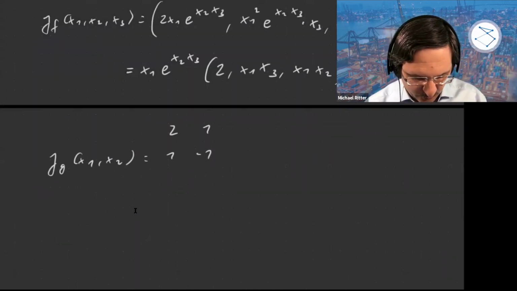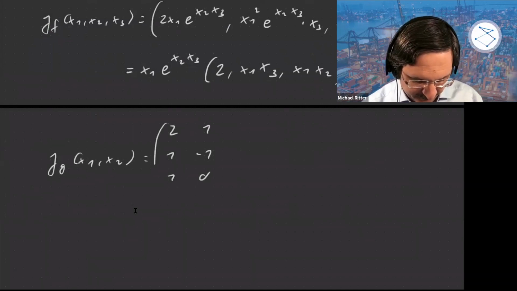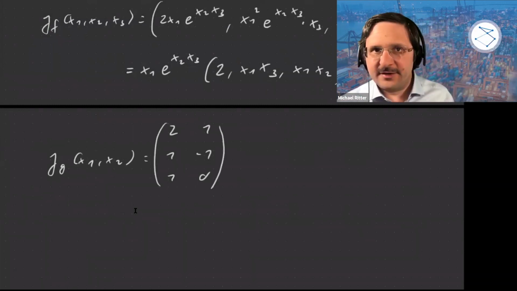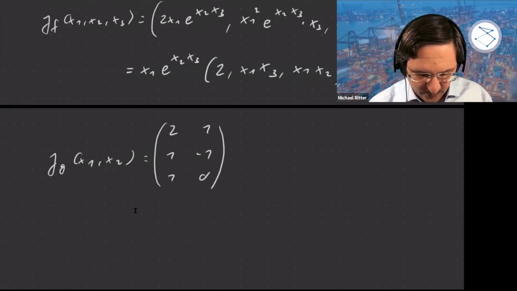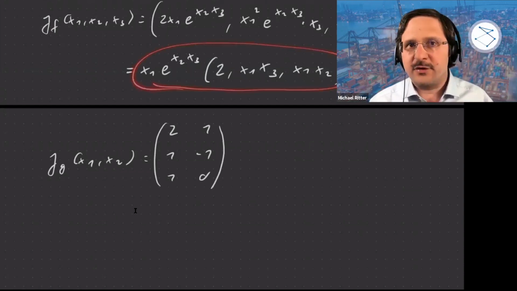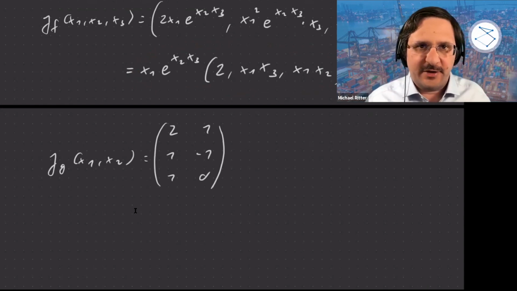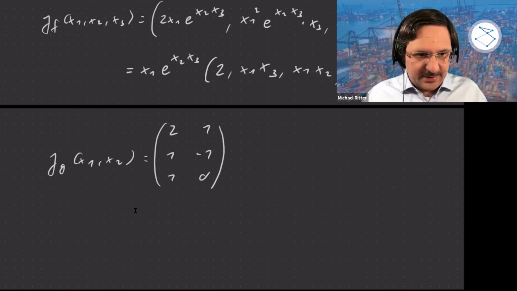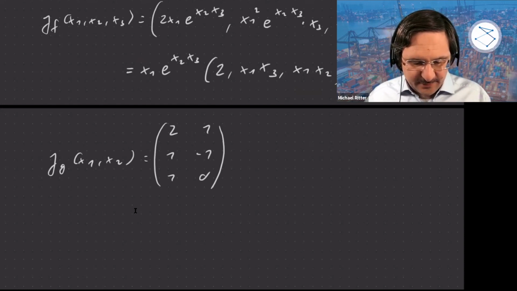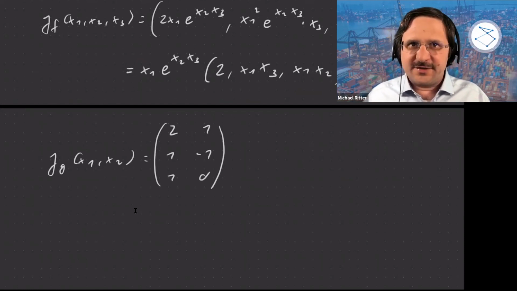So that's going to be 1, 0. And as you can see, that Jacobian is actually constant, unlike the one for f, which still contains the variables x1, x2, x3. That's not a constant one. Okay, so these are the derivatives of f and g.